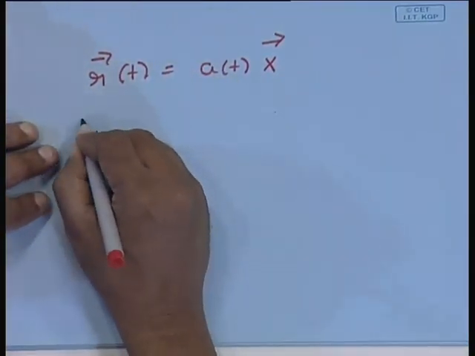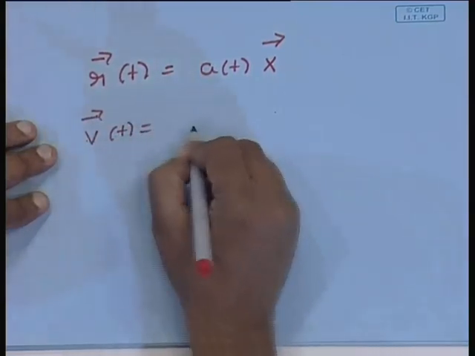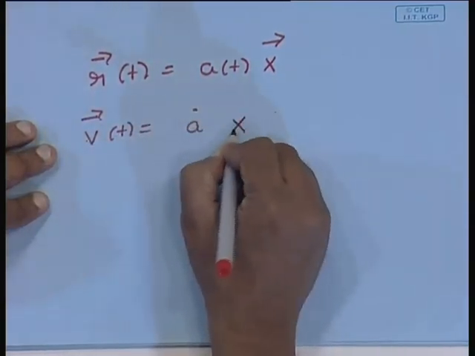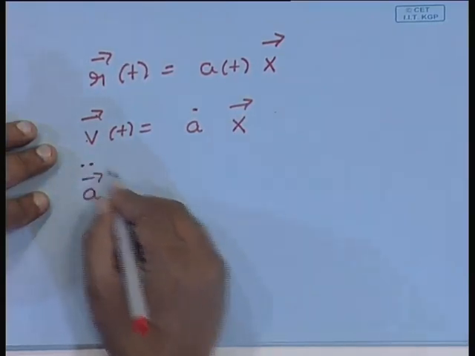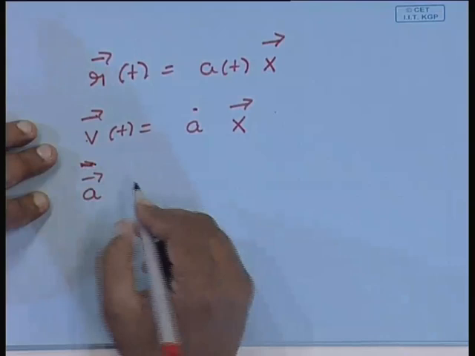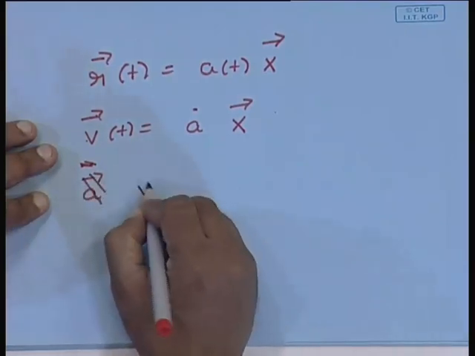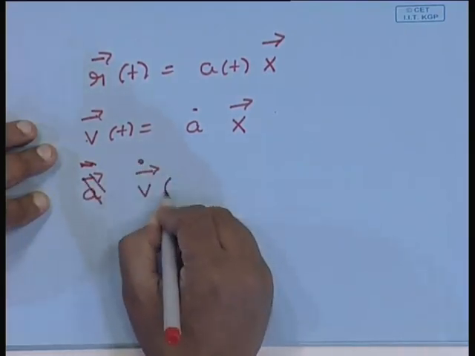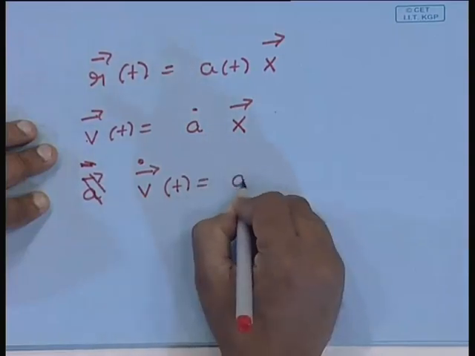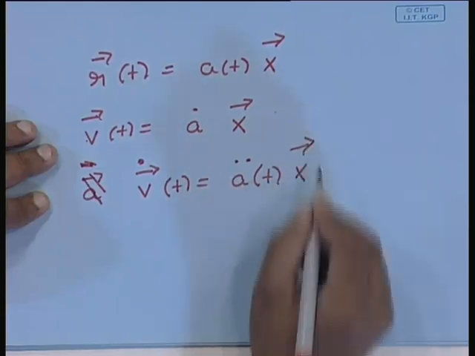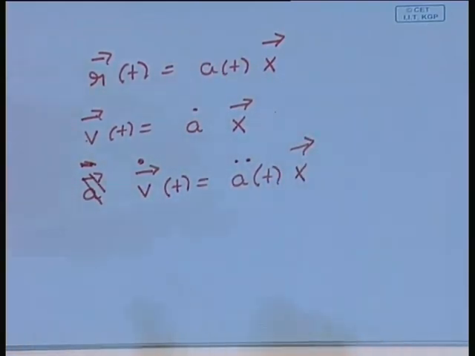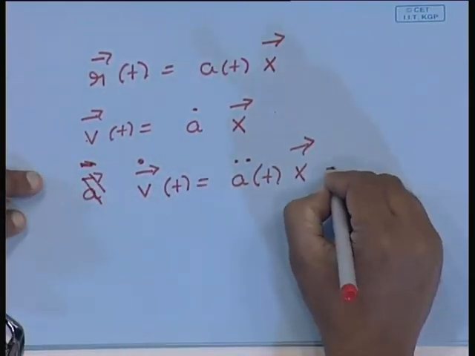The speed with which it is moving is A dot into x, and its acceleration at any instant of time, v dot of t, is A double dot of t into x. If there is no gravity, there is no force acting on the galaxy, so this should be 0.